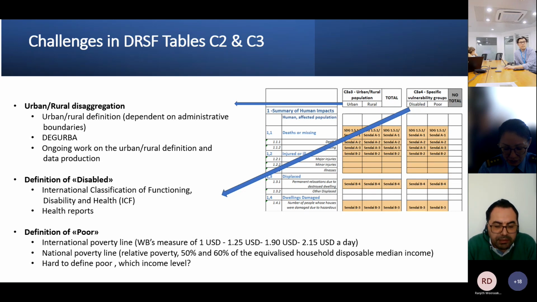If we consider the issue in terms of national definitions, according to the general level of society, the individual or household whose income or expenditure is below a certain limit is considered to be poor in relative terms. Thus, the people who fall below the limit, which is 50% or 60% of the equalized household disposable median income, are defined as the poor or the population at risk of poverty.